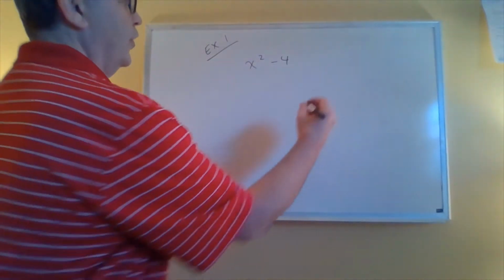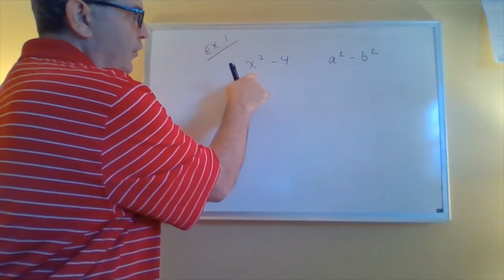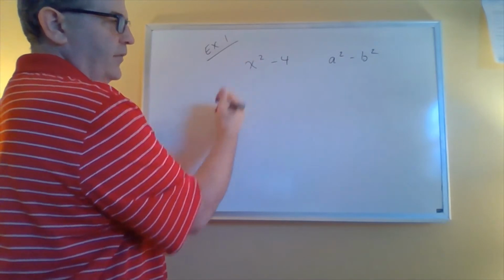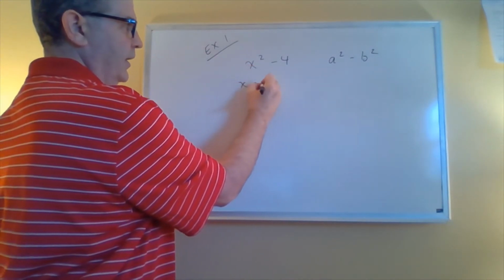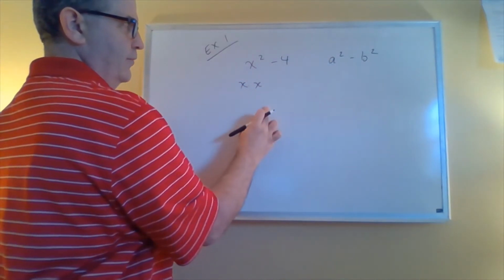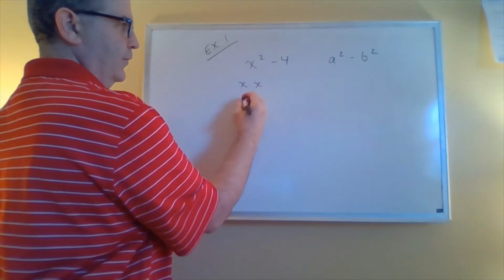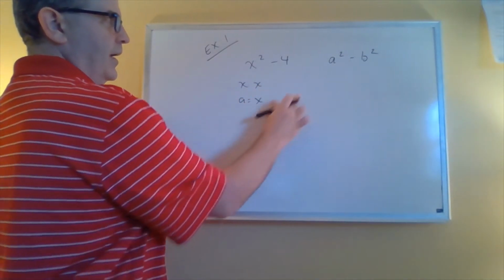Okay, so remember our formula was a squared minus b squared. What did we multiply by itself to get x squared? Well, that was x times x, right? So in this case, our a would be x. I know that was a little confusing, but hopefully if you see it in action, it'll make sense. How about 4?